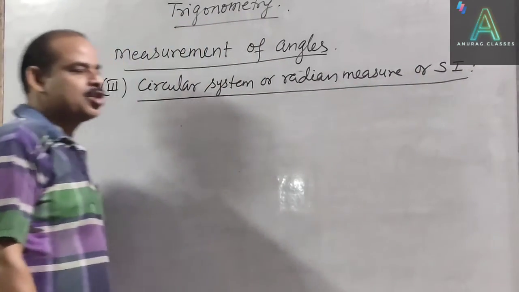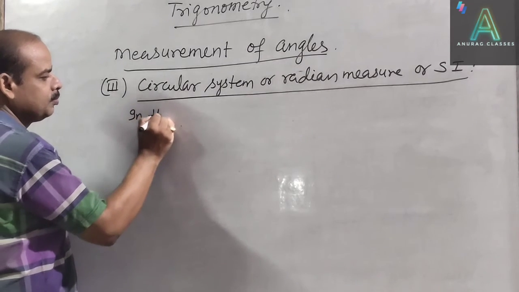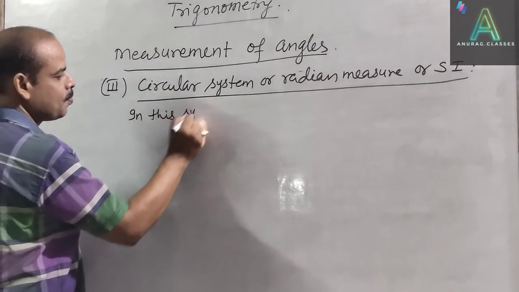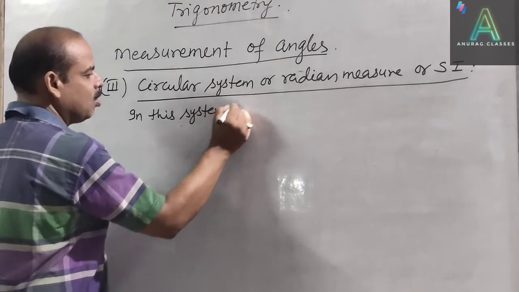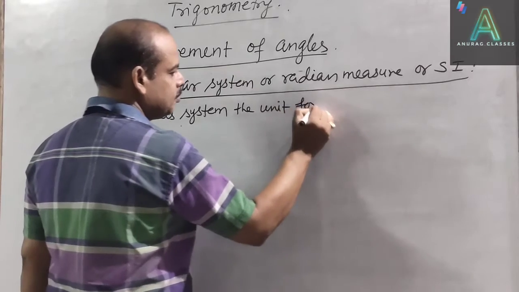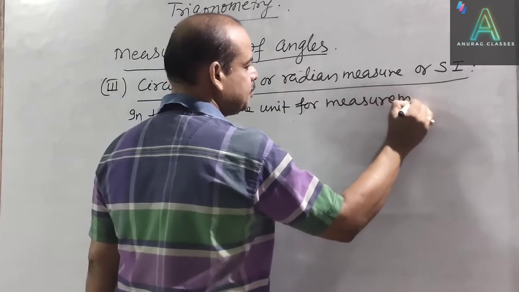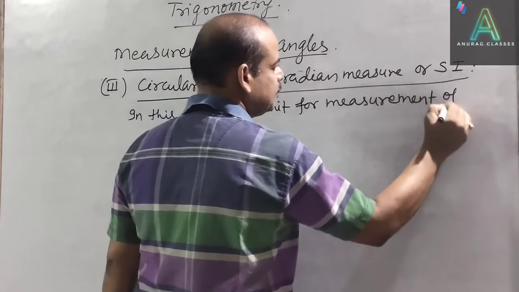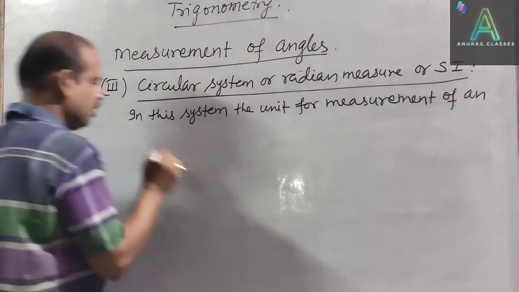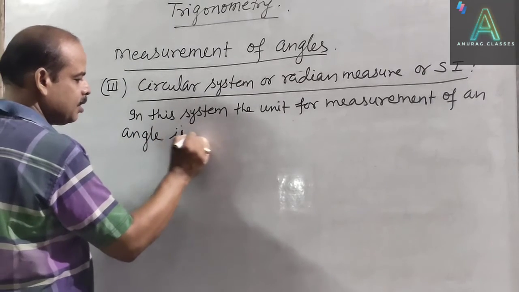This is the International System of Units. In this system, the unit for measurement of an angle is radian.